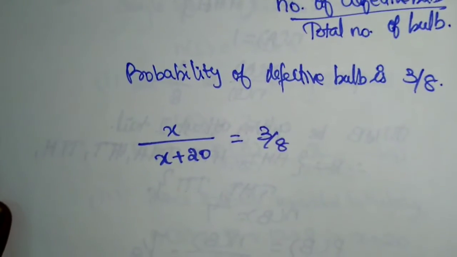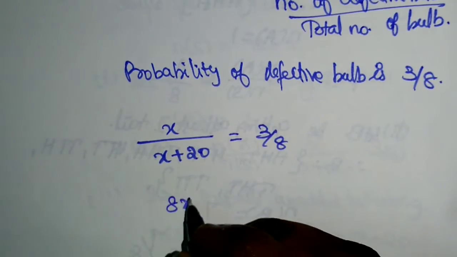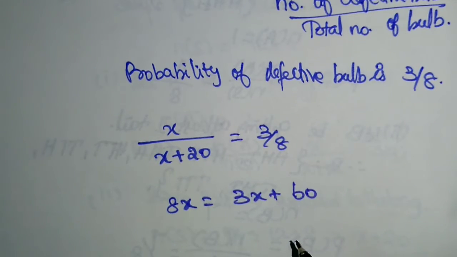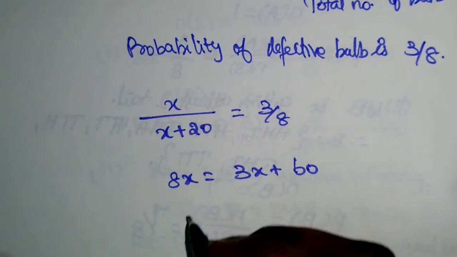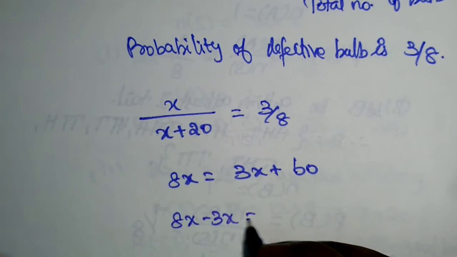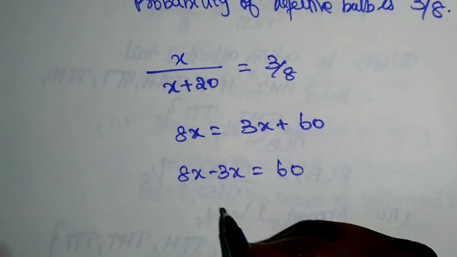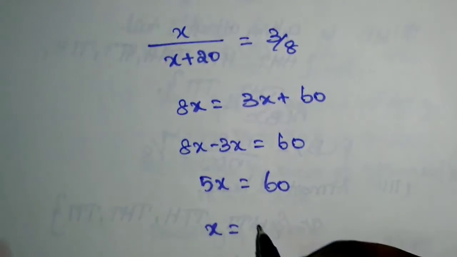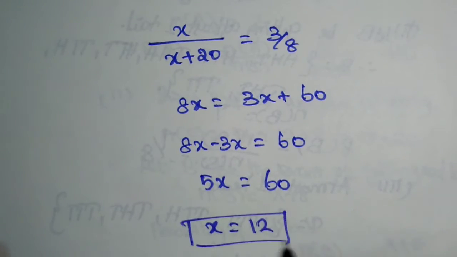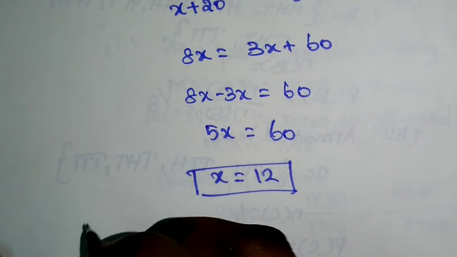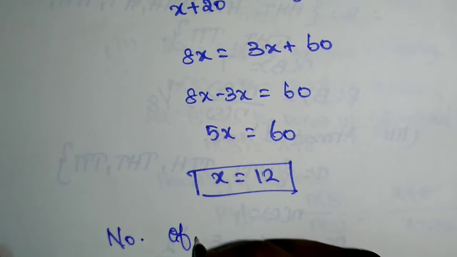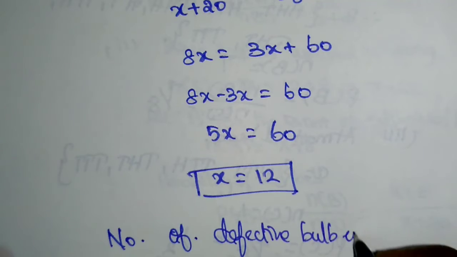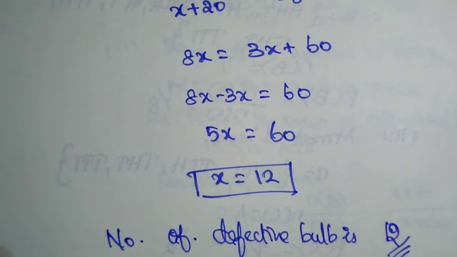So 8x is equal to 3x plus 60. So 8x minus 3x is equal to 60. So here we get 5x is equal to 60. So x is equal to 12. Here we get the number of defective bulbs is 12.